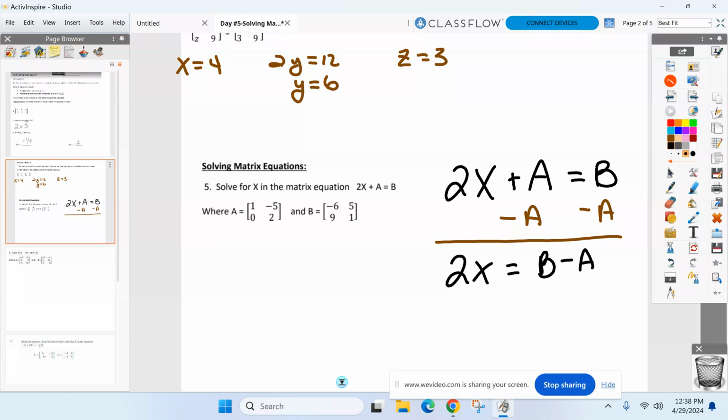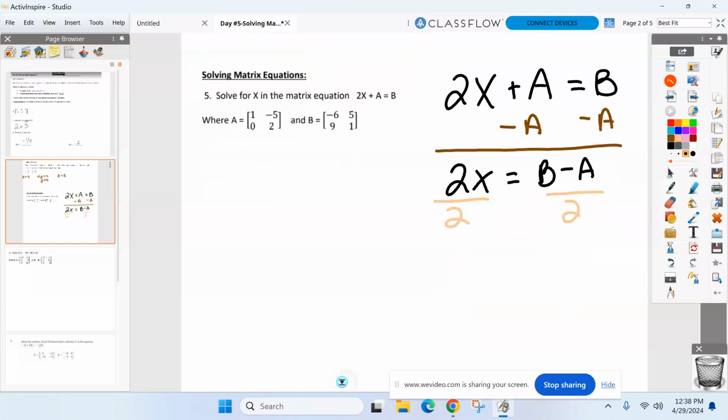Divide by 2. Now, we got to make sure we fully understand here. When I divide by 2, I am dividing this matrix, whatever I get with B minus A, divided by 2. Now, me personally, I'm not a fan of dividing because I know what's coming up here after the first quiz. I like to rewrite that with multiplication instead.